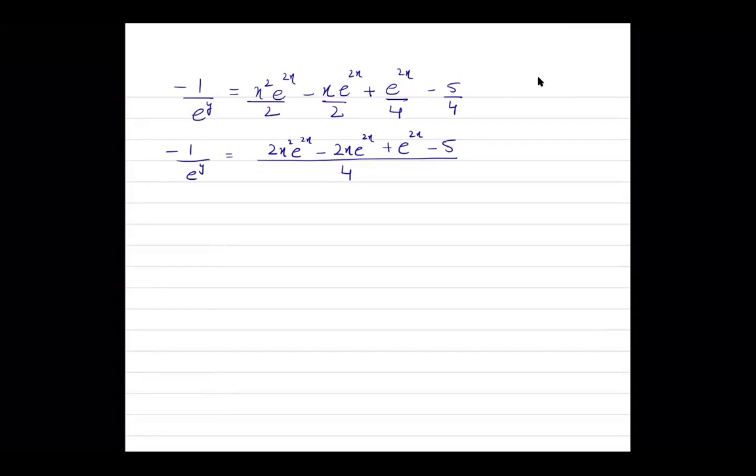If I reciprocate this, then I get e to the power of y upon minus 1 is equals to 4 upon all of this: 2x square e to the power of 2x minus 2x e to the power of 2x plus e to the power of 2x minus 5.